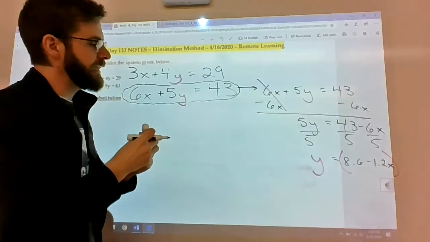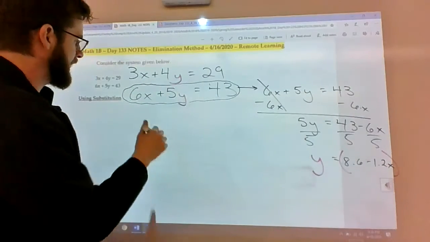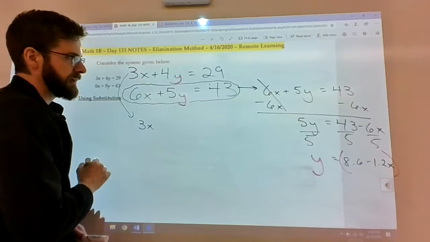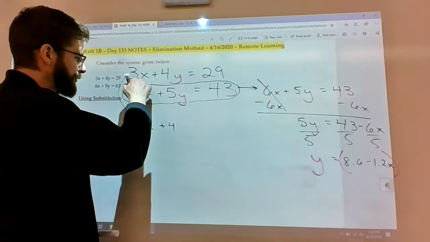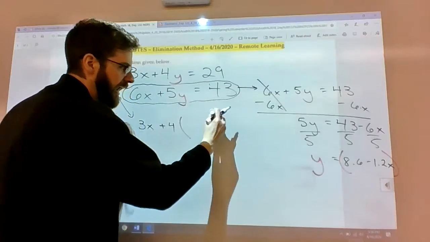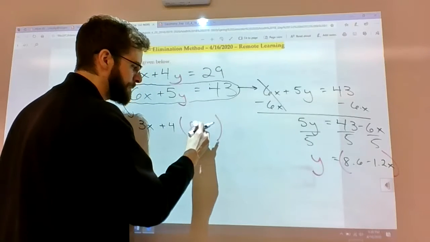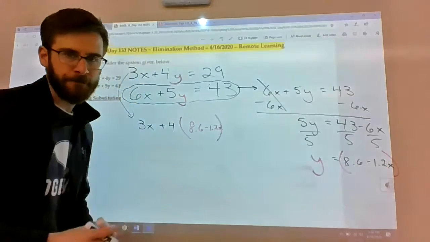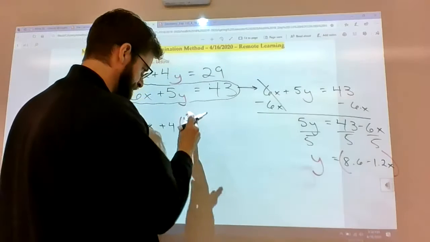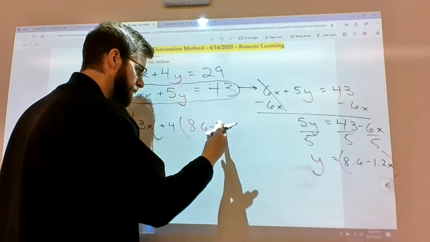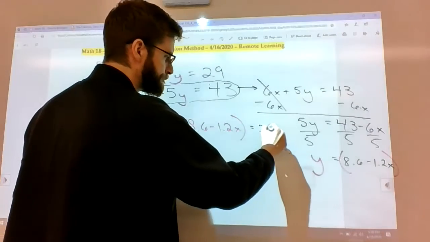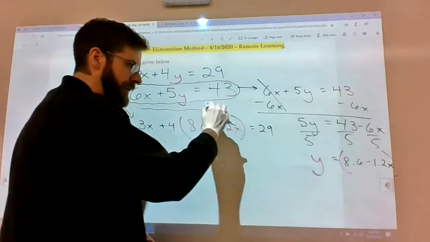So after step 1, step 2 is plugging into this equation. So I'm taking 3x plus 4, and instead of y, I'm plugging in 8.6 minus 1.2x. I'll write that a little more clearly for you guys. And that all equals 29. Sorry, we're getting a little crowded here.